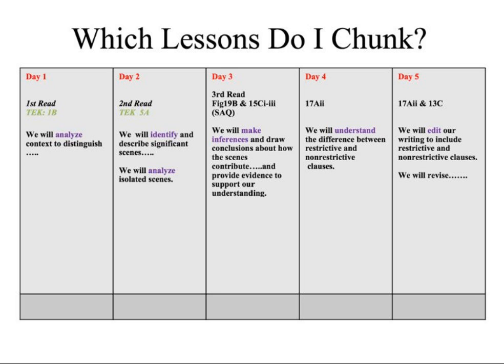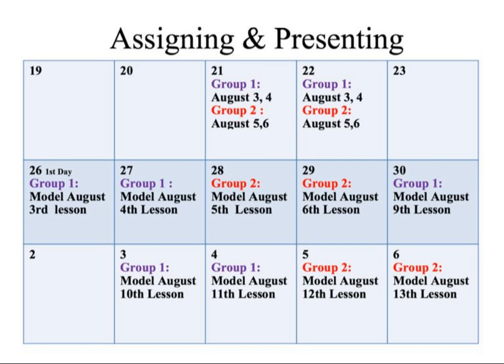So on my calendar, I'm going to assign them lessons and then days to present. So today, you guys are mostly going to focus on your first week of school, but then tomorrow you're going to have group 1 maybe work on lessons for that chunk of lessons, and then group 2 for August 5th and 6th lessons.